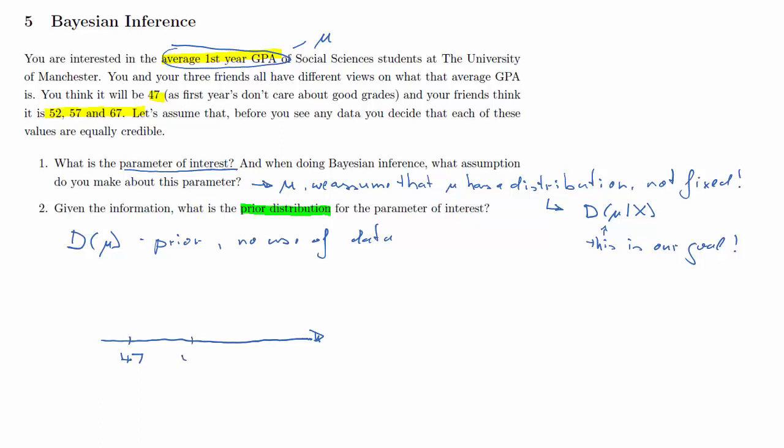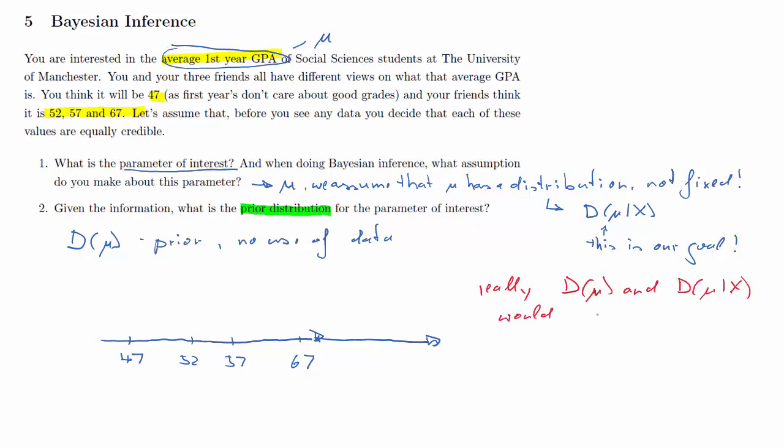Your guess is 47 and your friends guess 52, 57 and 67. Now in reality, of course, this parameter mu could take any values and not only these four different values. So really that distribution should be a continuous distribution.